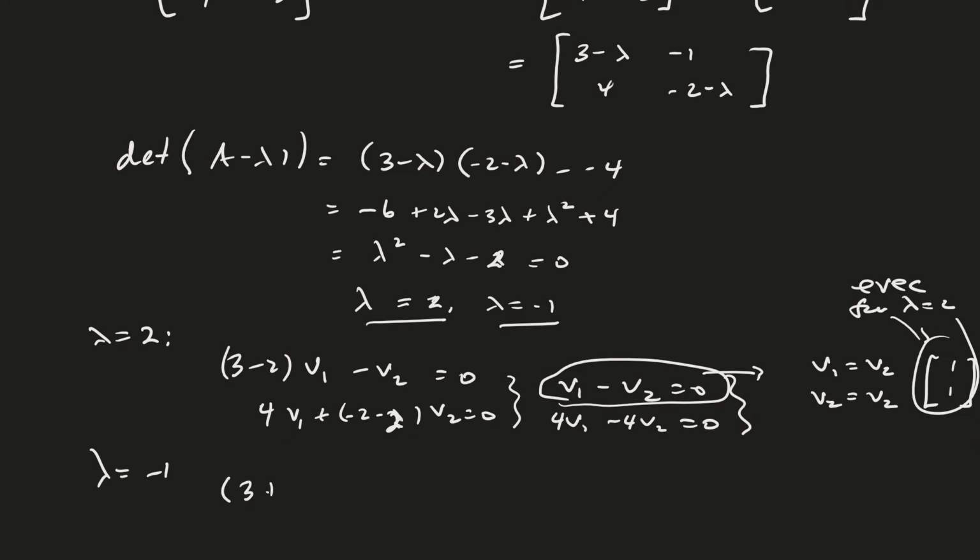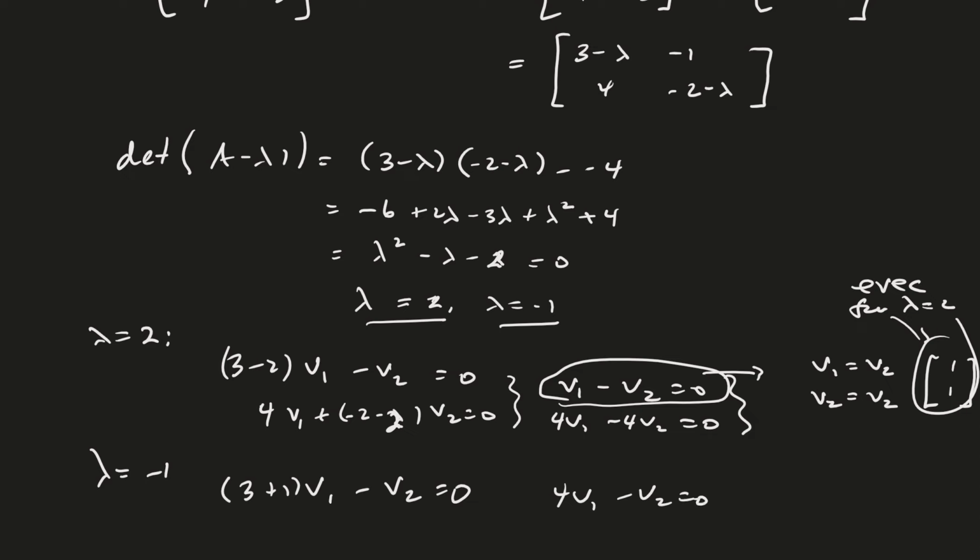Okay, so similarly we can do the eigenvector for lambda equals minus 1. So that'd be 3 plus 1 times v1 minus v2 equals 0. Now, as a shortcut, I'm not going to compute the second equation because I don't need to. I could, if I had time, compute the second equation just to make sure that these are constant multiples of each other. But in this case, it's not necessary if I'm fairly confident in my answer. Hey, I'm confident in my answer. Good.